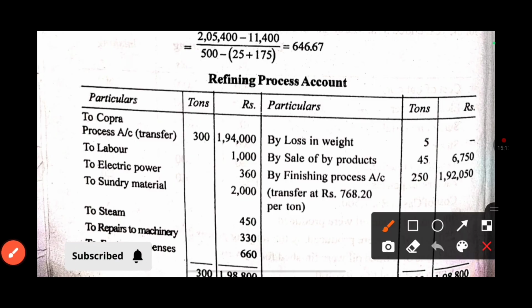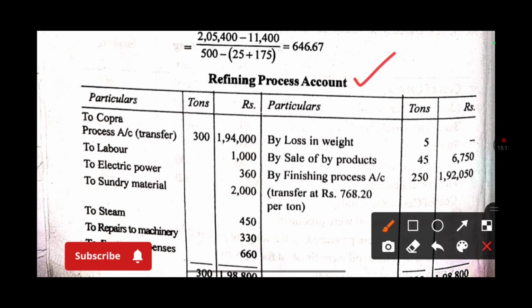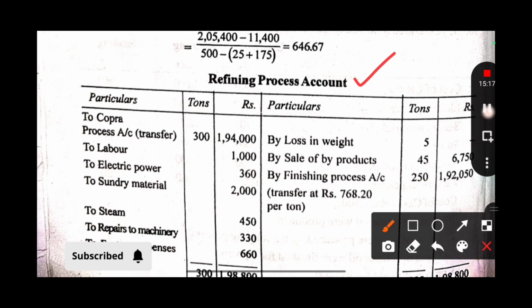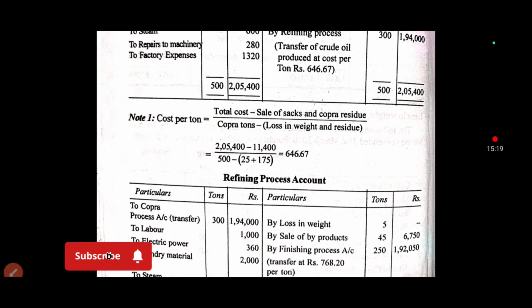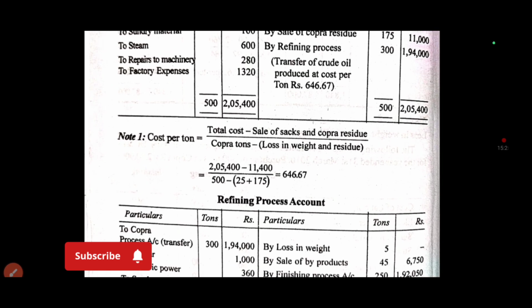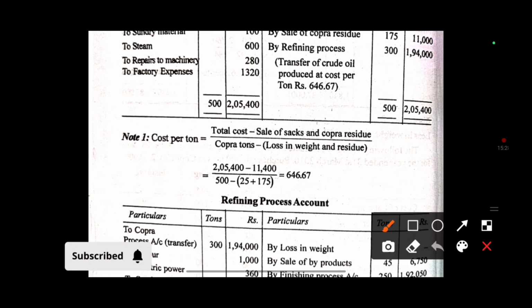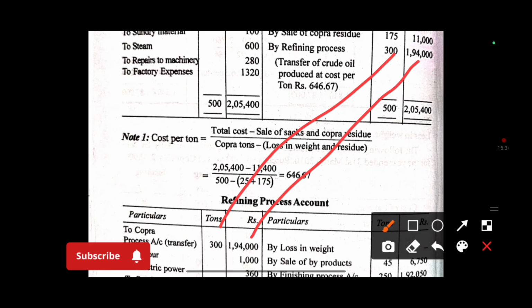The next process heading is refining process account. Let's take the refining process account. The first entry in the refining process account is the previous process output, which is transferred to the next process, that is the refining process account. So 300 tons and 1,94,000 rupees is to be transferred from the previous process into the current process as the input.